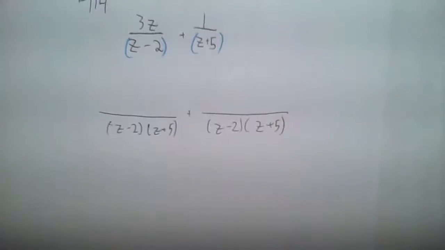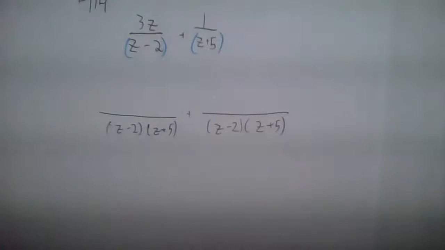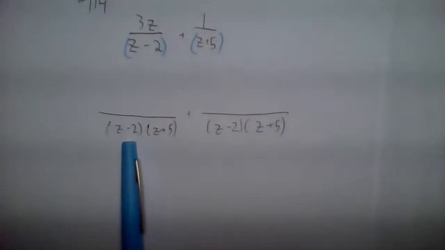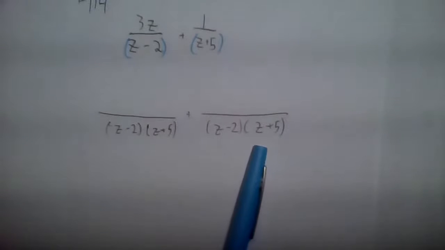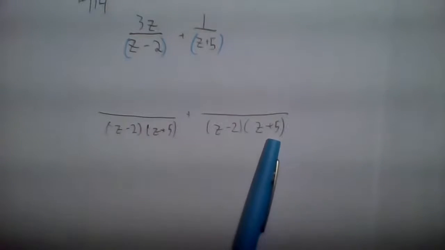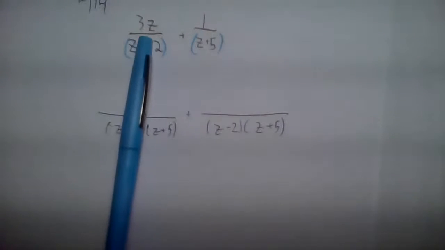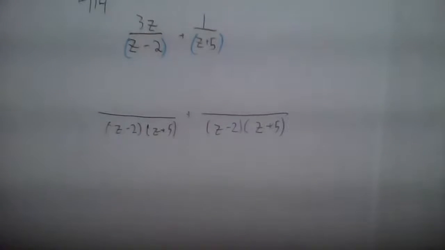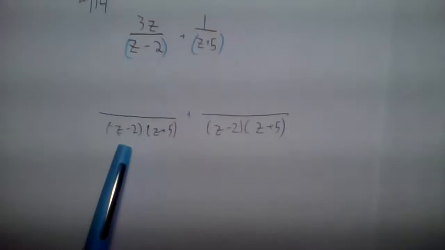And then I'll be able to add them. But I'm writing it down in both of them right now. And this step I want you to think about here, because I don't know what goes on top until I think this through. If I write that common denominator down separately, then I can look back and say, how do I turn this into that? What am I missing here that has to be there?